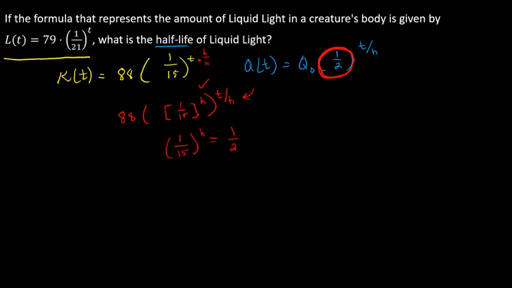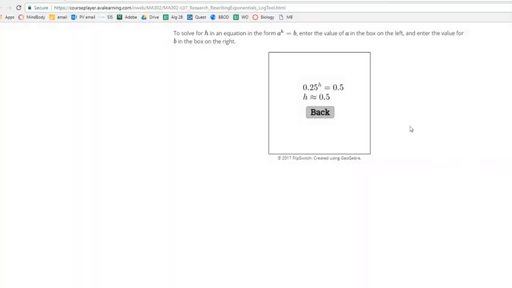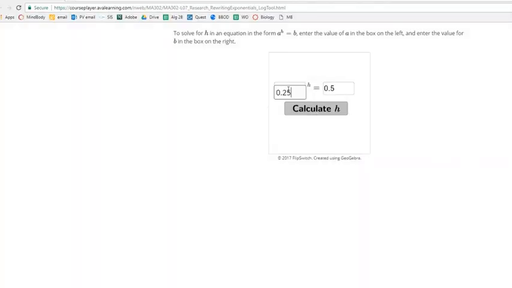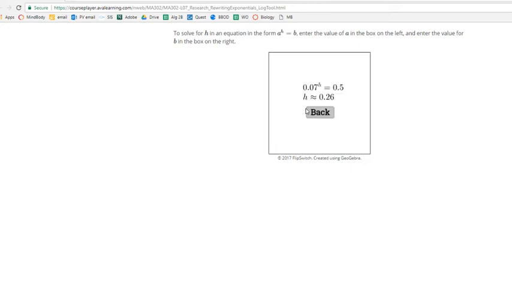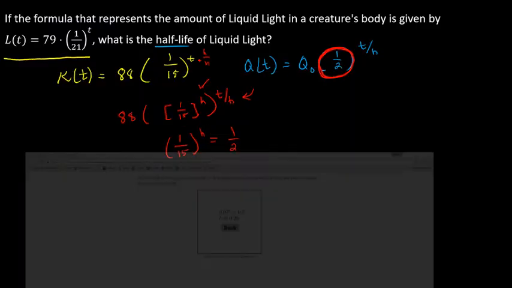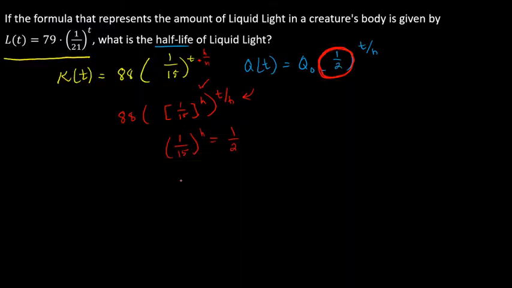I'm going to take out my half-life calculator. I'm going to type in 1/15. I get 0.26. So I can rewrite this as k of t equals 88 times 1/2 to the t over, I've already forgotten, I think it was 0.26, was that right?